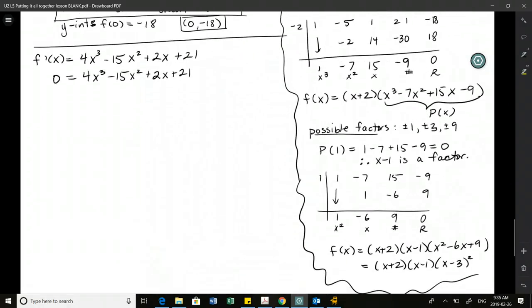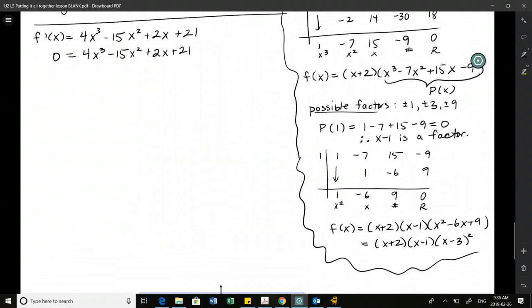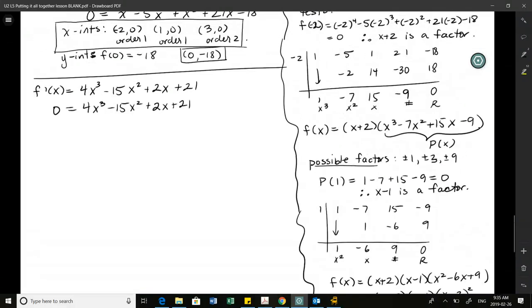I don't have a lot of room left on here, so I'll do it down here. What are my possible factors of this polynomial? Factors of 21 over factors of 4.